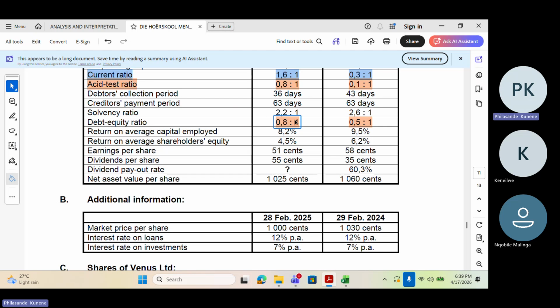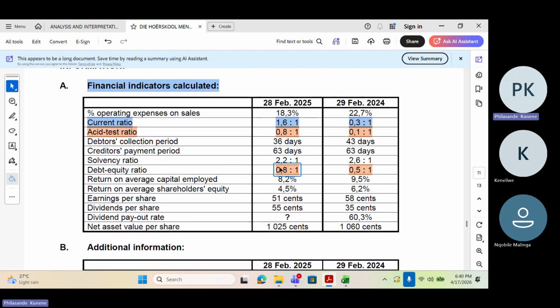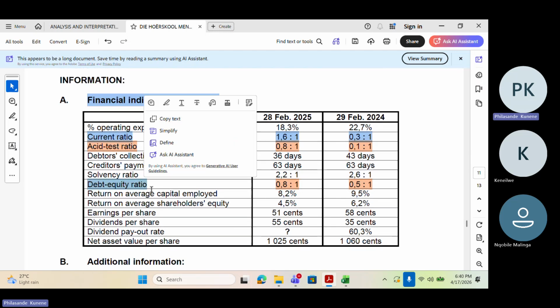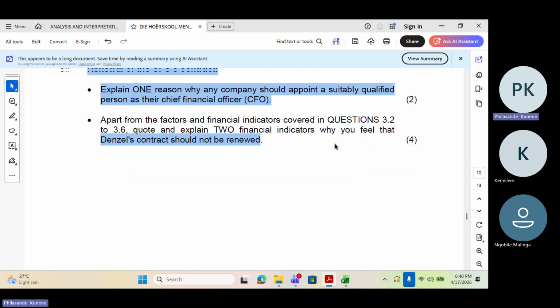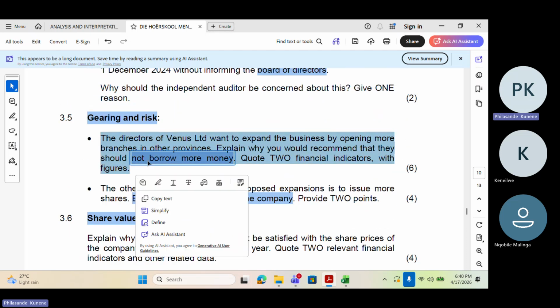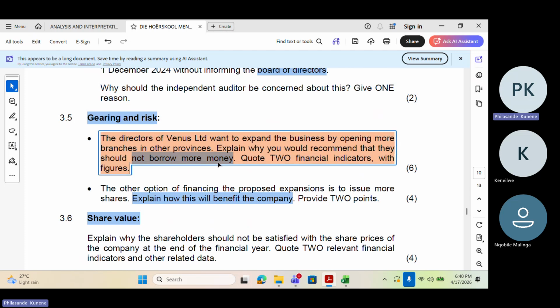Okay, we're just going through a high level review, guys. We're discussing the ratios based on our understanding, to show you things you should be thinking about while you're reading your scenario. By discussing this debt equity ratio, we have already answered a question like this, because we know very well debt equity ratio is one of the ratios we're going to quote.